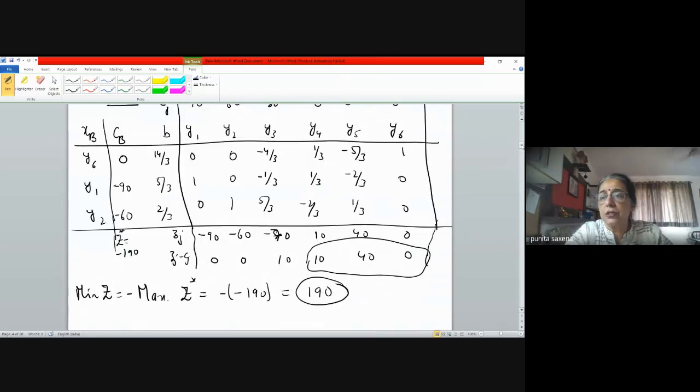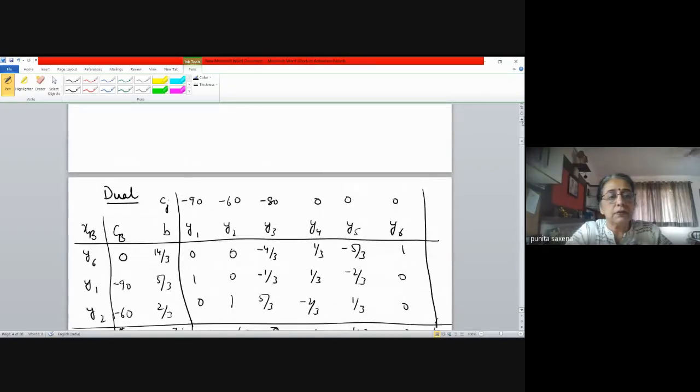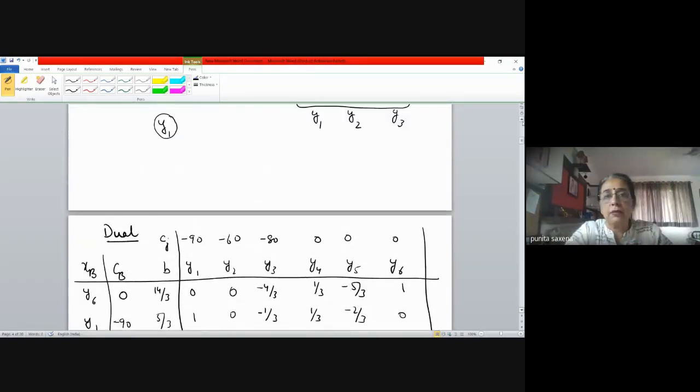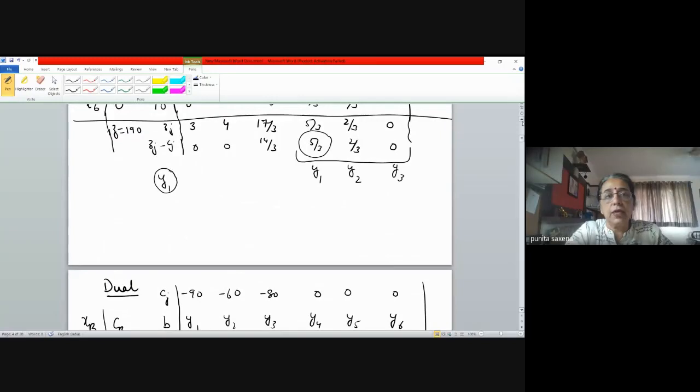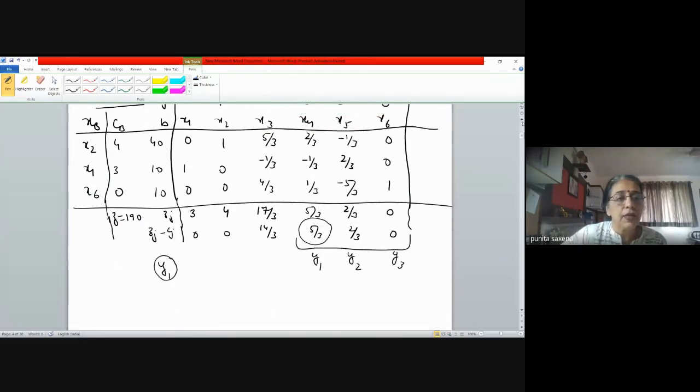If I just go back to the solution of the primal, what we are getting here is that we have x1 in the basis, we have x2 in the basis.